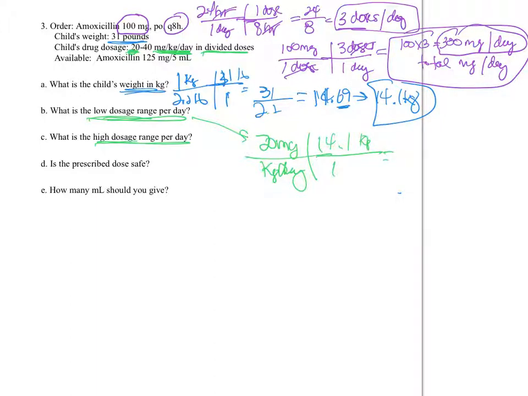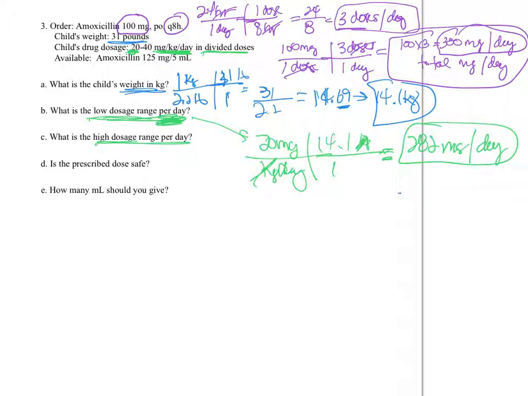Let's cross out our kilograms first. So we have 20 times 14.1, which equals 282 milligrams per day for our low range. We're going range per day, not per dose, per day.